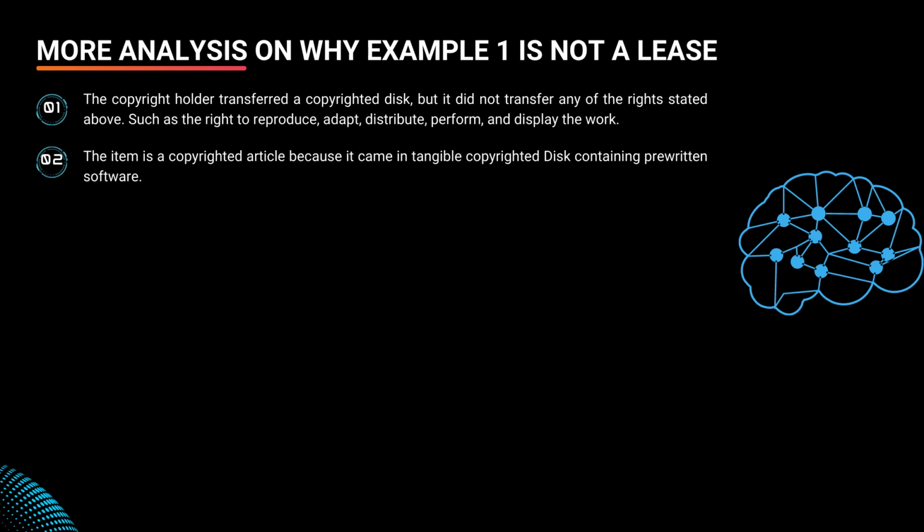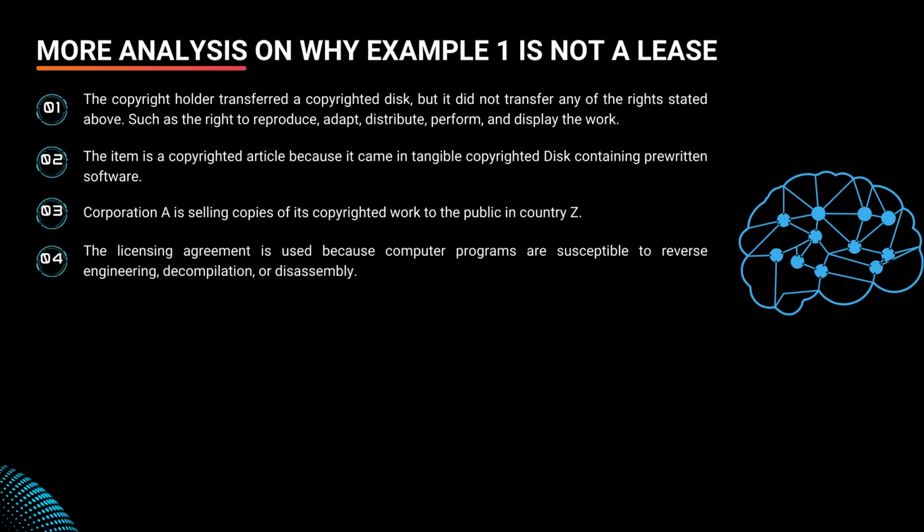Let's move on. Corporation A is selling copies of its copyrighted work to the public in country Z. So let's say country Z is, like I said, Germany or Switzerland or Poland or Spain, anywhere. The licensing agreement is used because computer programs are susceptible to reverse engineering, decompilation, or disassembly. And that's really true.